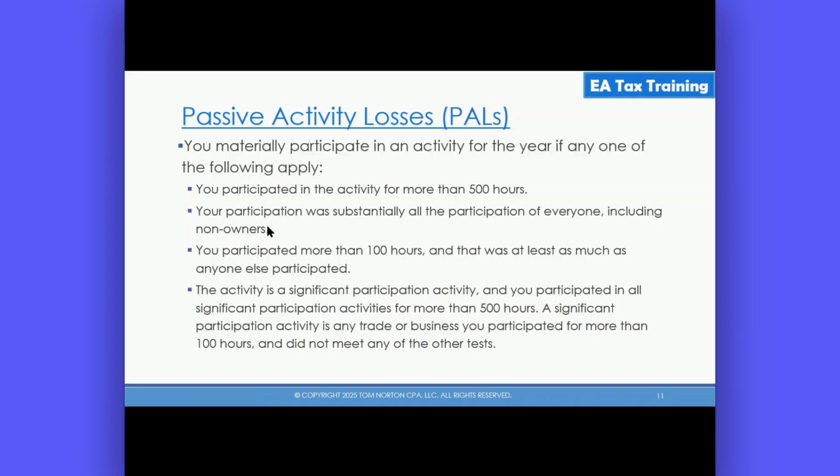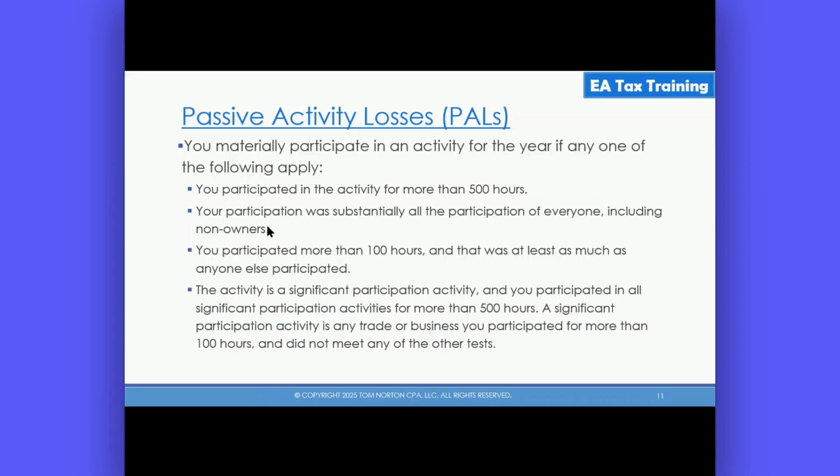So if you've got a profitable business and you've got an unprofitable business that is passive, it would be nice if that profitable business were also passive. And so in that case, for that profitable business, you might want it to be a passive activity. So that means you do not want to be materially participating in that activity for the year.